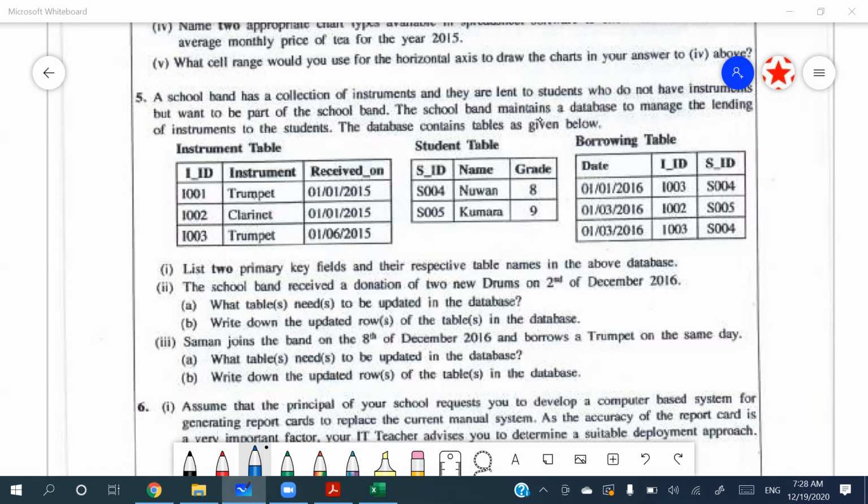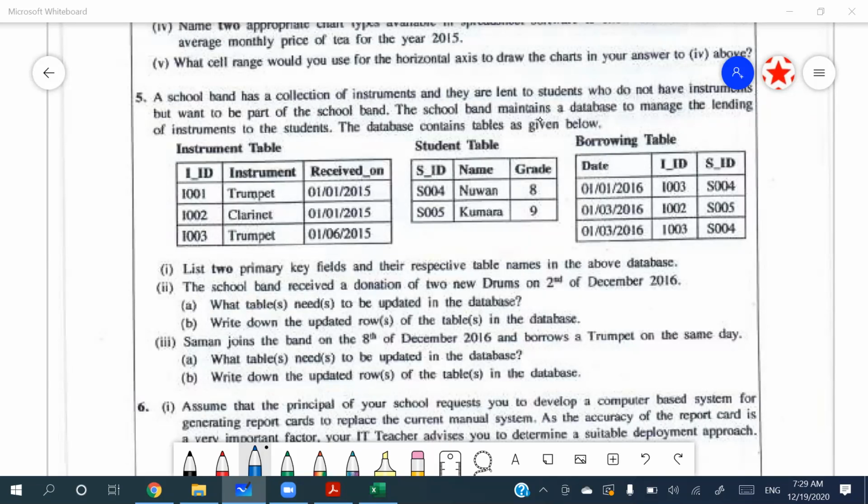So IID for the instrument table and SID for the student table, right? Now, when it comes to IDs, it gives us an idea about using them in a unique way.